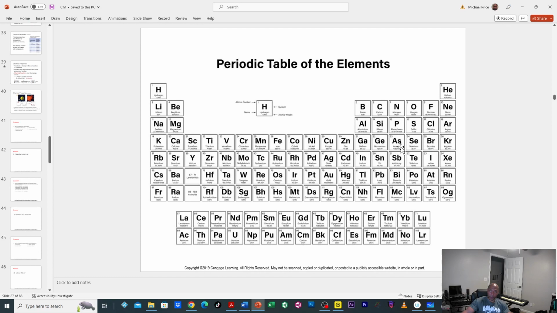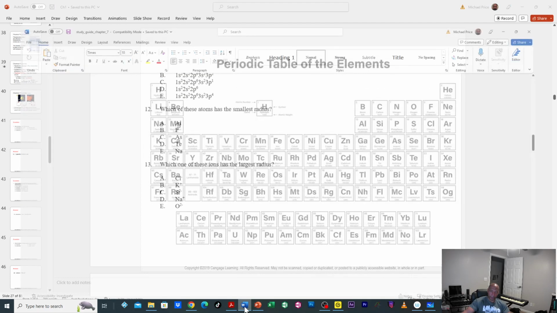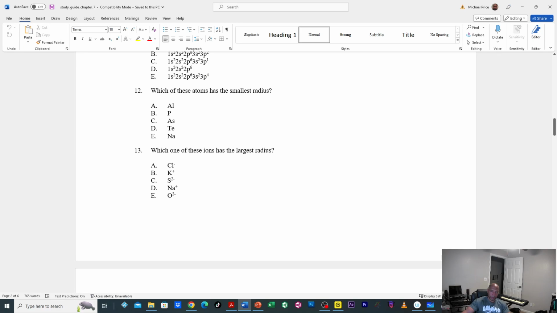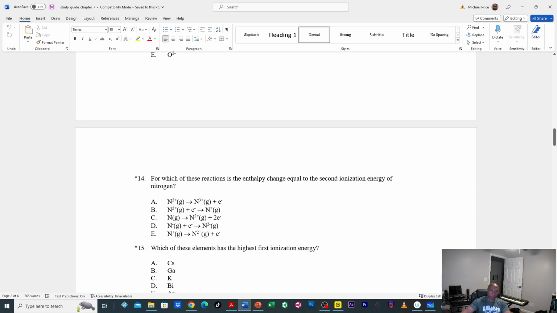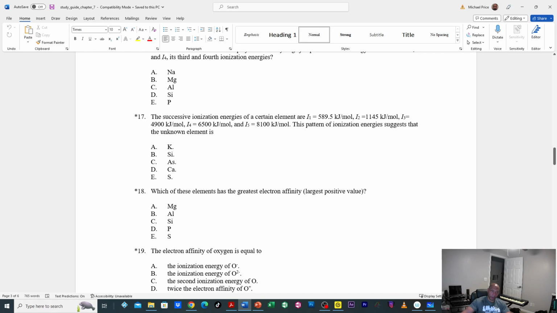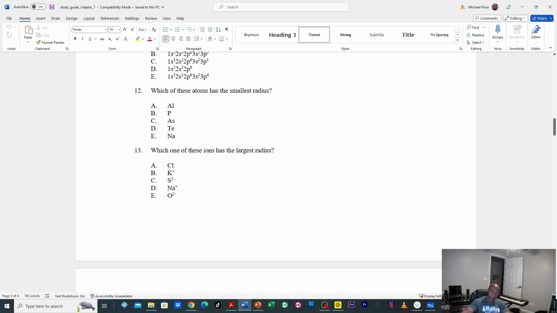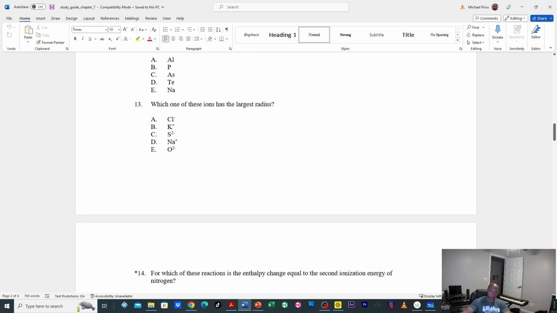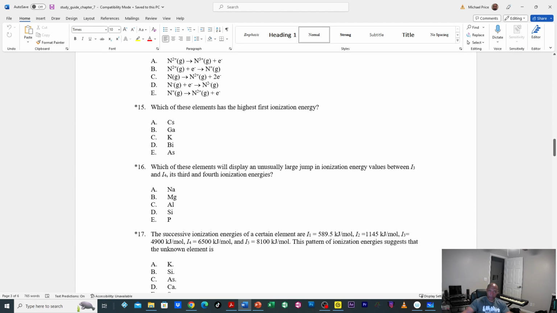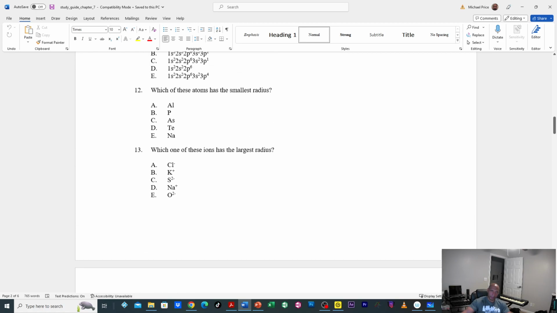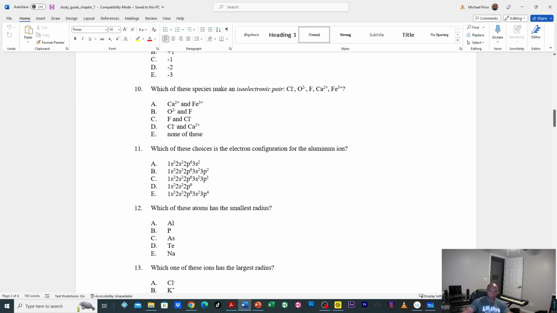Even though they are not isoelectronic to one another, I know sulfide has a larger negative charge, and argon is bigger than neon anyway, so I would expect sulfide to still be bigger than the sodium +1 cation. Then of course sulfide and oxide, and now we get to compare the two in a group. They're in the same group, so of course sulfide is going to be bigger. So the answer there is sulfide. So the answer would be C.